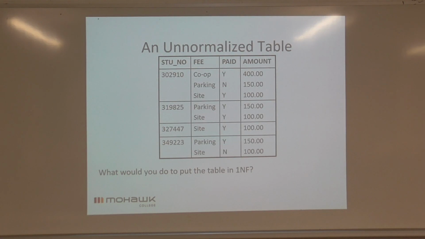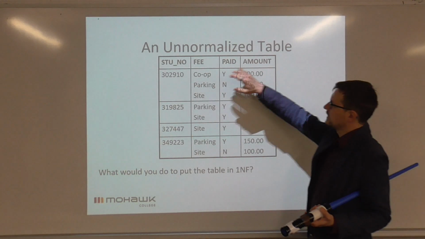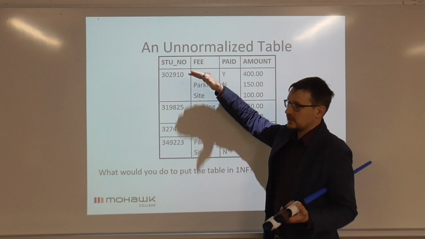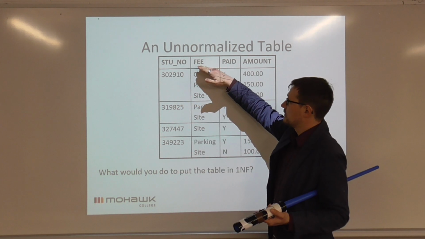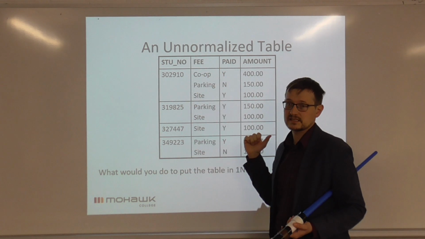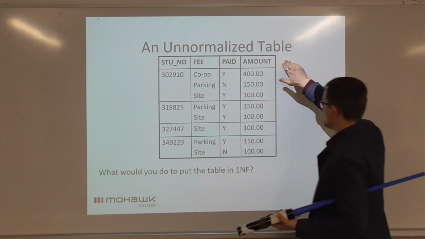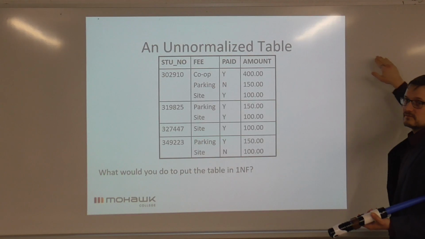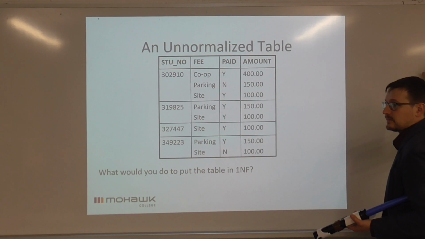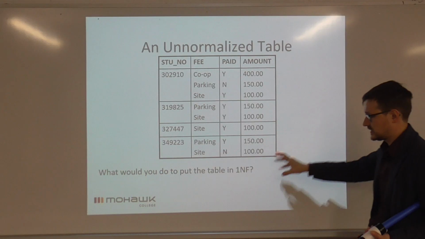That's right. Remember that previously, in the example that we started off with, if we put this data in that example, we would have fee 1, paid 1, amount 1, fee 2, paid 2, amount 2, fee 3, paid 3, amount 3, right? We would have redundant columns.